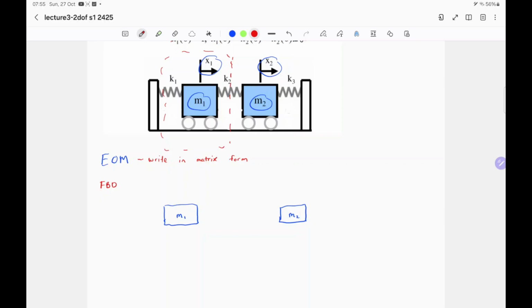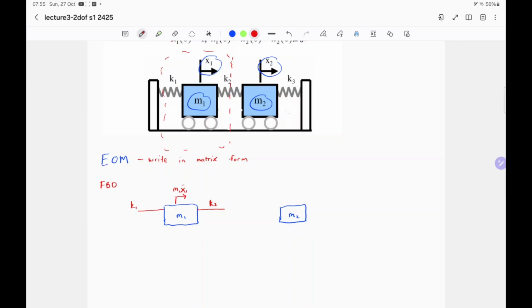On mass 1 we have K1 here, and we have K2 here, and we also have M1 x double dot 1.